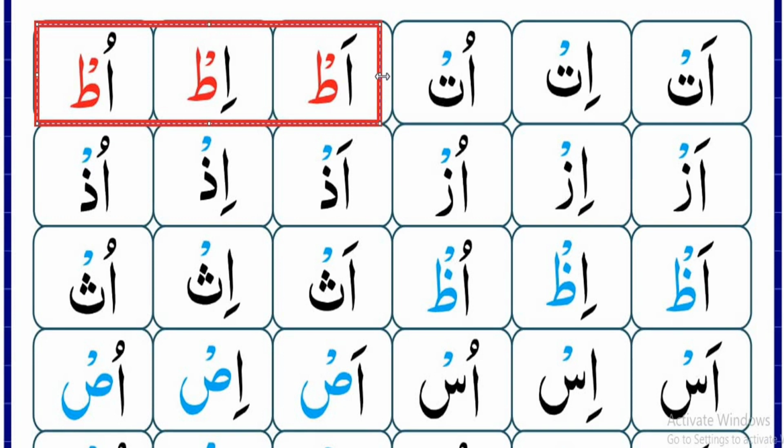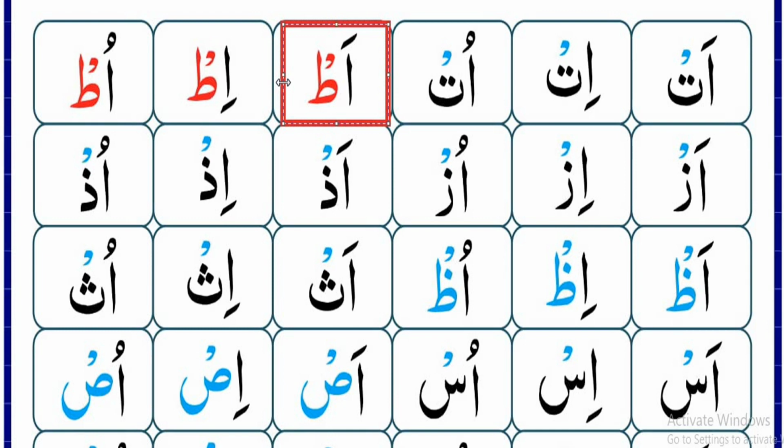Like for example, this one, ato, eto, otto. So this is how you do qalqala. And the same letter, if you read without qalqala, then the sound would be at, it, ot. But that's not how you read. You do qalqala on these letters.